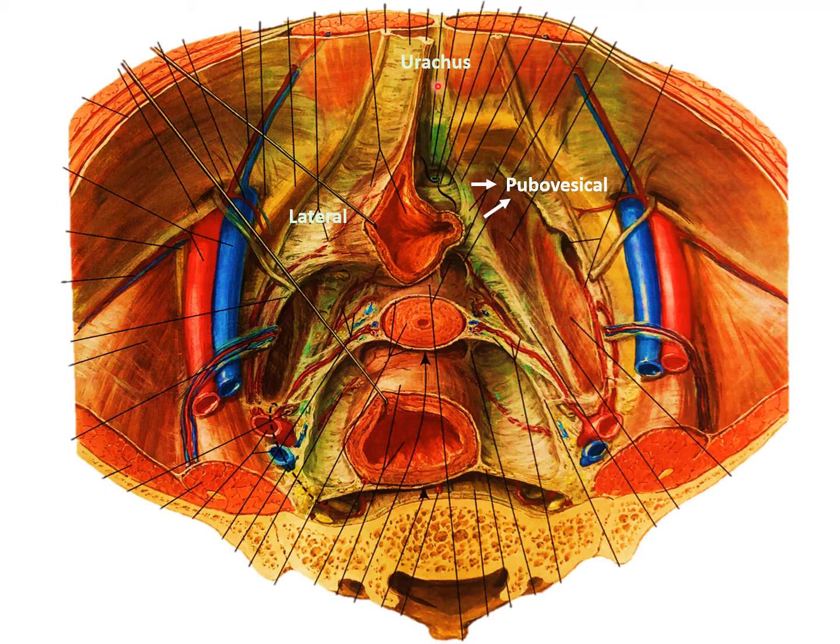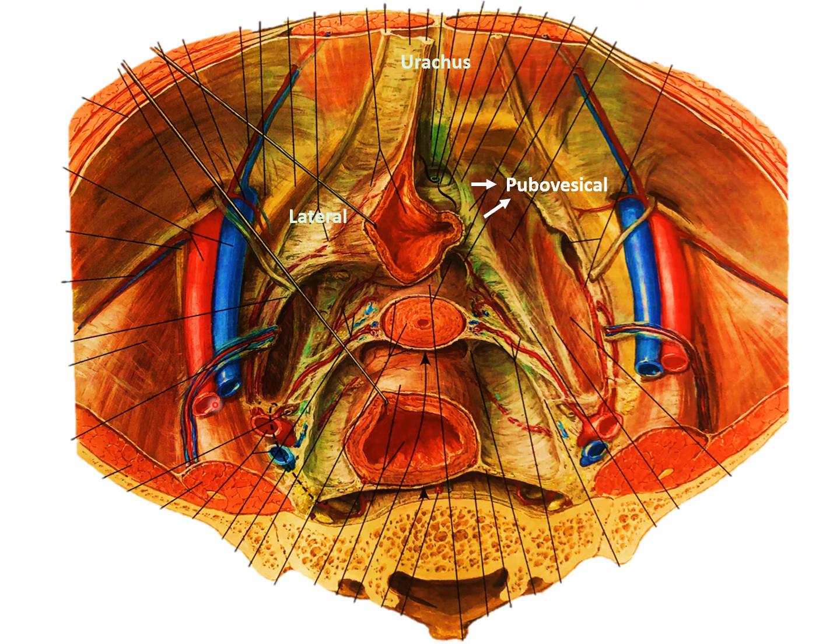To the apex is attached the urachus, right? That is also a ligament. And above, more superficially, more towards the abdominal aspect, are attached the lateral ligaments of the urinary bladder. Now what are these ligaments?